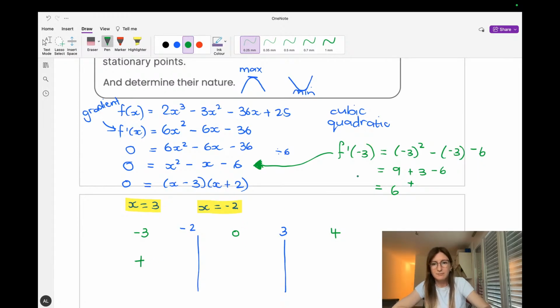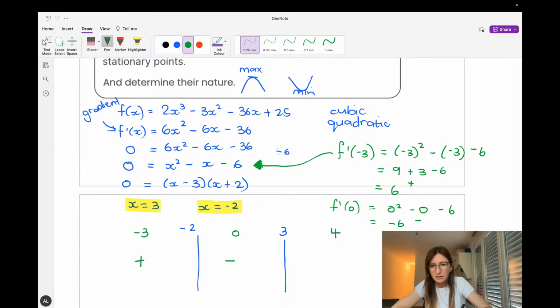Now let's try 0. F dash of 0. This is nice. We love it when we have 0. 0 squared minus 0 minus 6 just gives us minus 6. All right, so that is a minus, which is making sense. It usually goes positive, negative, positive. Let's try 4 now. I'm running out of space. Let's try it here.